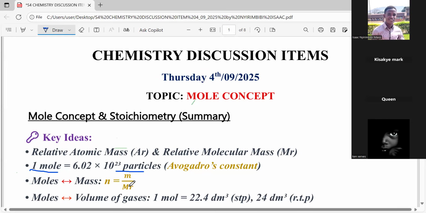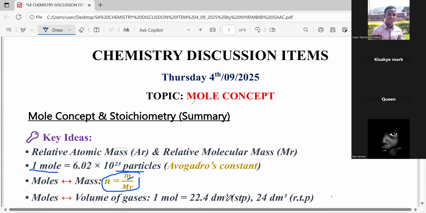And we have this formula here, which I believe we are familiar with, that the number of moles is equal to the given mass, divided by the molar mass of that substance. Then we have the relationship between moles and volume of gases, where we say that at STP, 1 mole of a gas occupies 22.4 decimeter cubed.